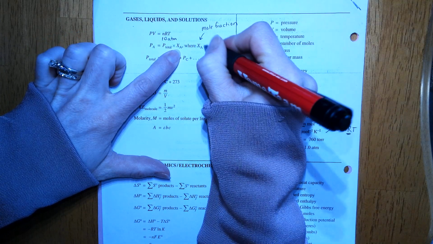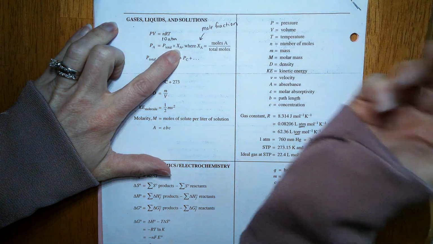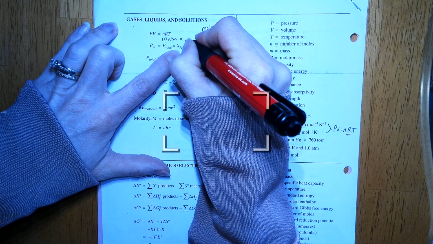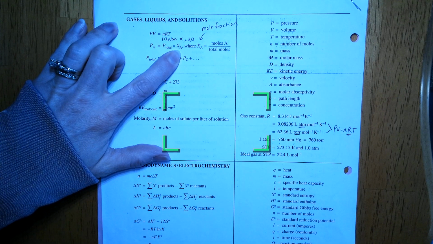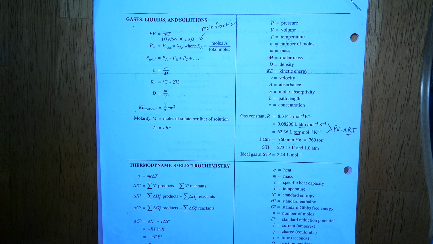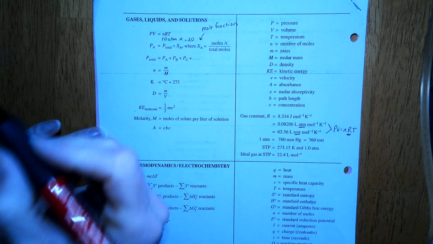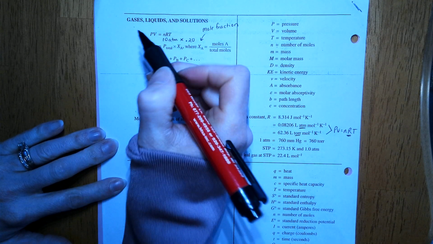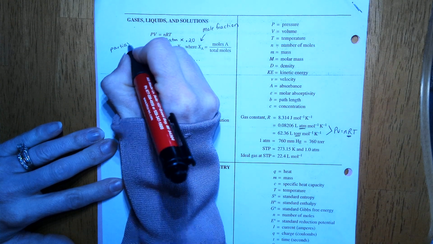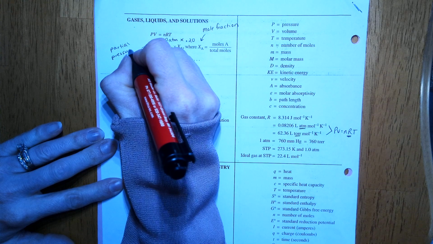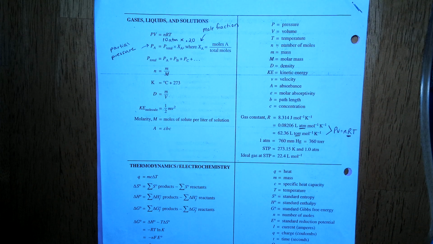The mole fraction of a particular gas, gas A, maybe that was 20% or 0.2, which then if 20% of the particles are gas A, 20% of the collisions are gas A, 20% of the pressure is gas A. And so then we'd say, okay, this is the partial pressure. The partial pressure of gas A would be 2 atmospheres, the pressure coming just from one particular gas.